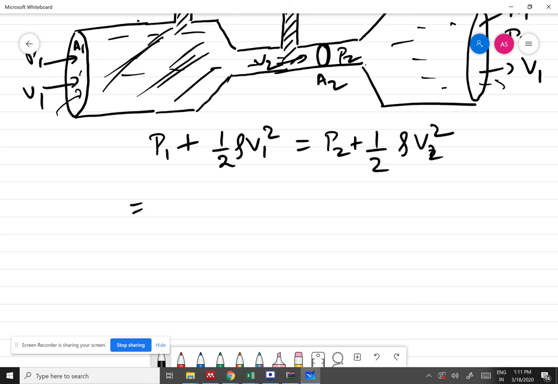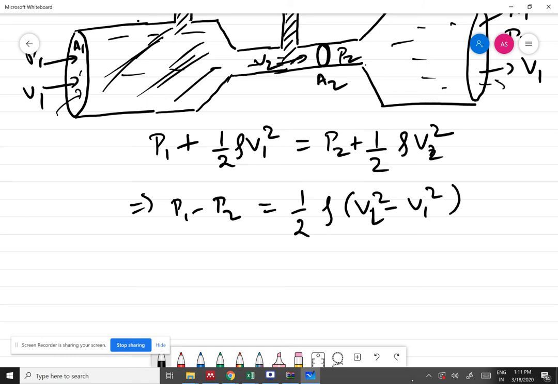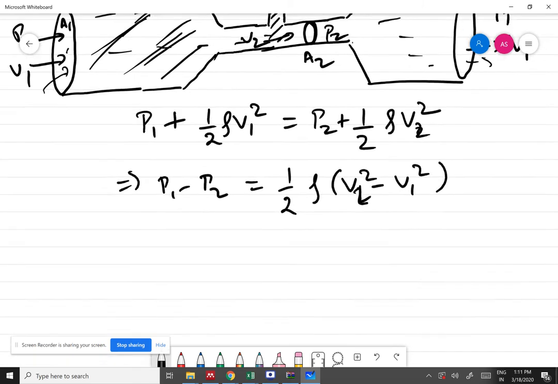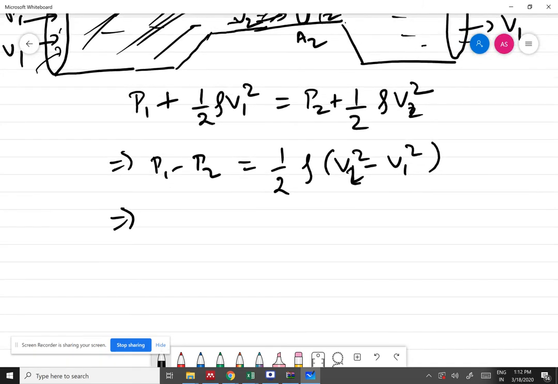Now, from this you can do P1 minus P2 is equal to half rho V2 square minus V1 square.